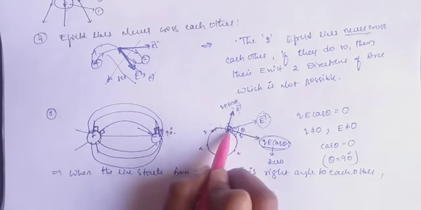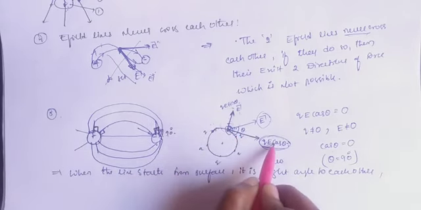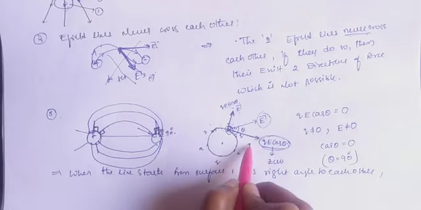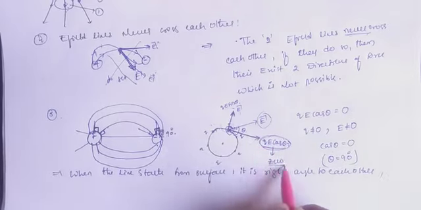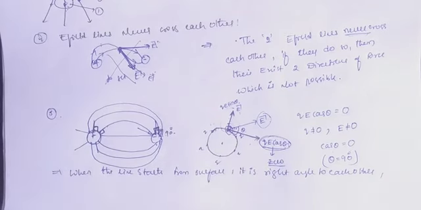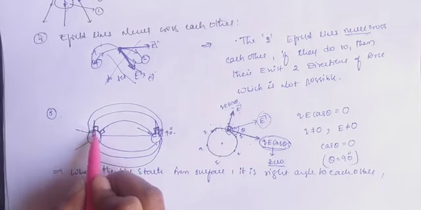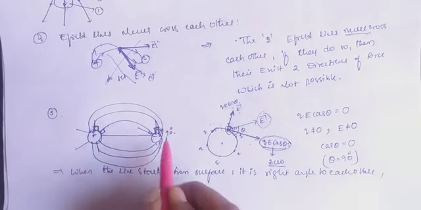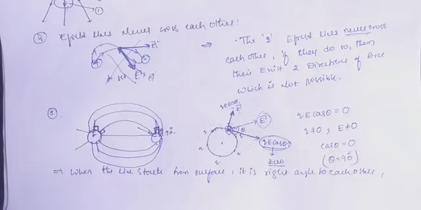Due to that force, the charge would move to the right side, but there is no motion for that charge. That means QE cos theta becomes 0. So the field line is always at a right angle to the positive surface and the negative surface. This is one property: the electric field is always perpendicular to the surface.